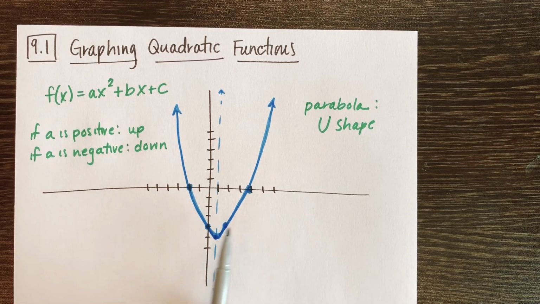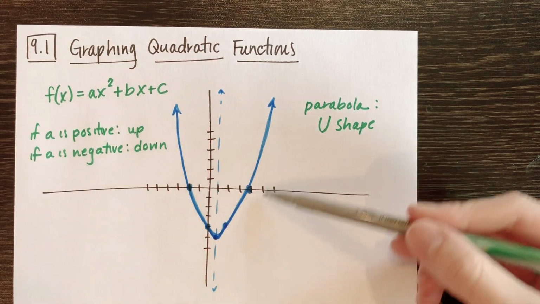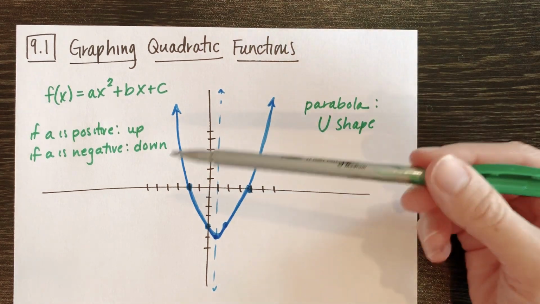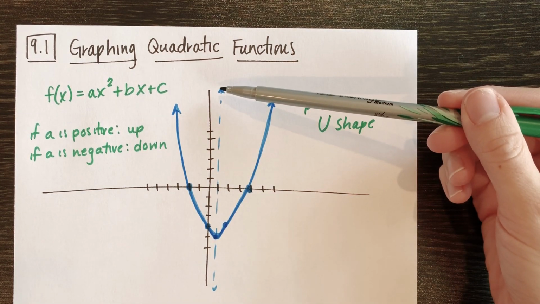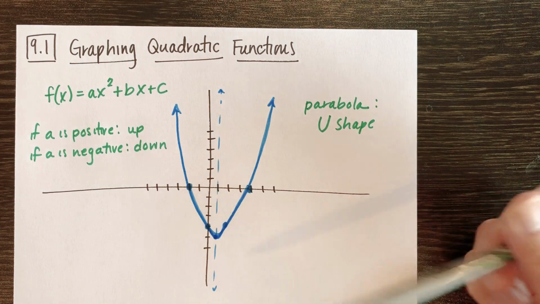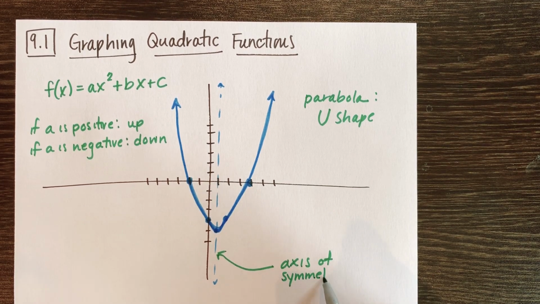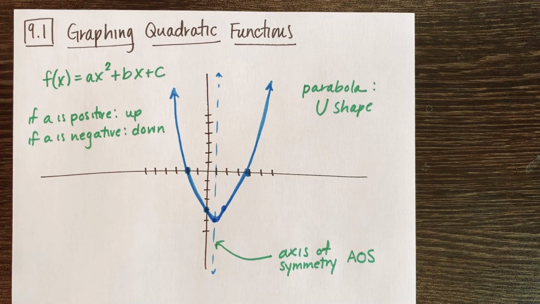So a couple of things in terms of what we see on the graph. So we see our parabola as our U shape. And hopefully there's something else that strikes your fancy. You have this dashed vertical line. That dashed vertical line right there is called your axis of symmetry. And we are going to abbreviate that AOS for short.